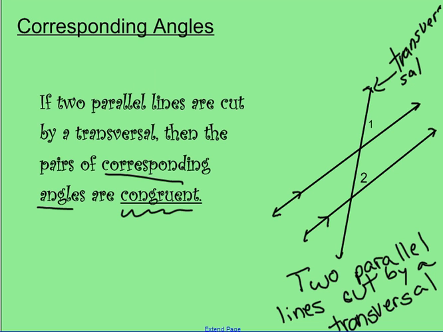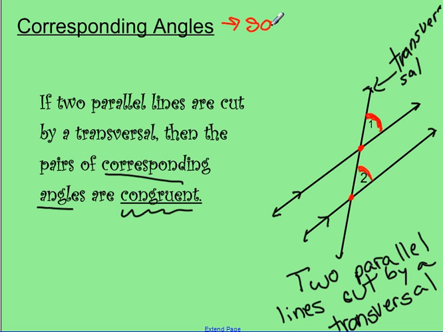So if you notice this angle right here, angle 1, if we think of this as an intersection of two roads, straight and to the right, that angle right there, angle 1, is in the same position as if we took this intersection up and to the right here as angle 2. So angle 1 and angle 2 are in the same position of the intersections, and so we call them corresponding.